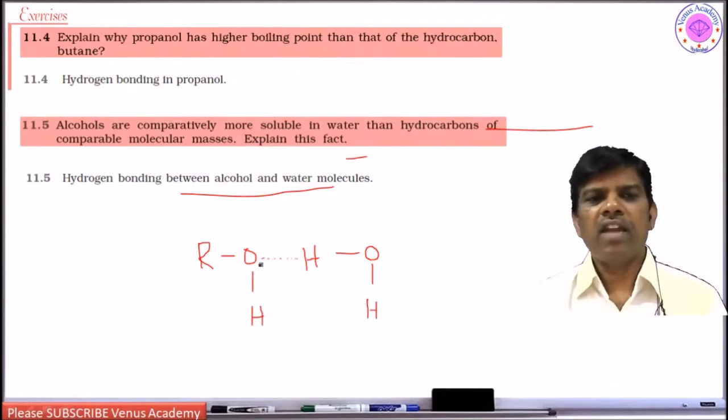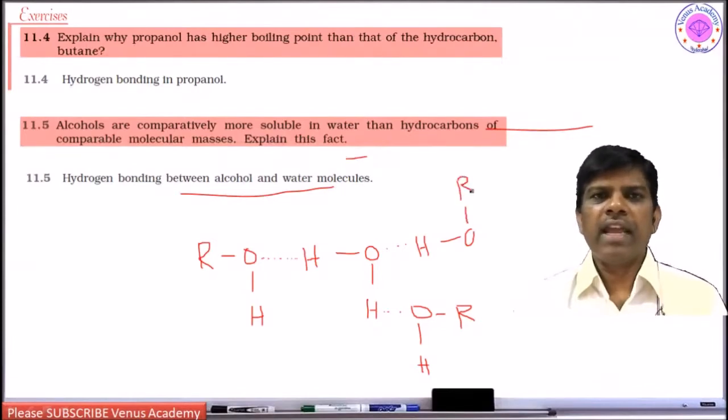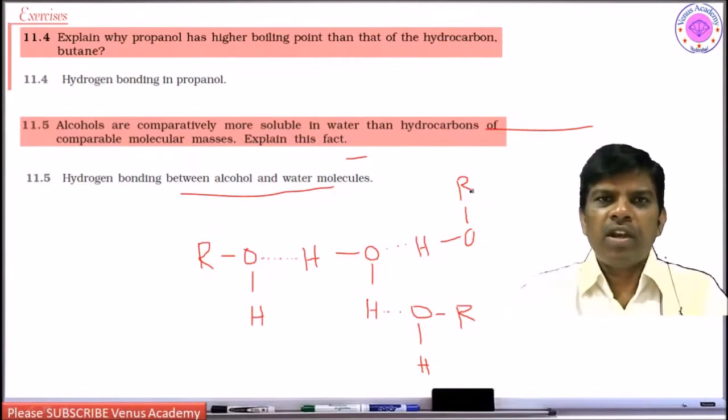This is the hydrogen bonding of alcohol oxygen and water hydrogen, and here this hydrogen can bond with another alcohol. At the same time, this oxygen is going to have hydrogen bonding with the OH of another alcohol. Like this, a chain-like, tight intermolecular hydrogen bonding is going to take place.